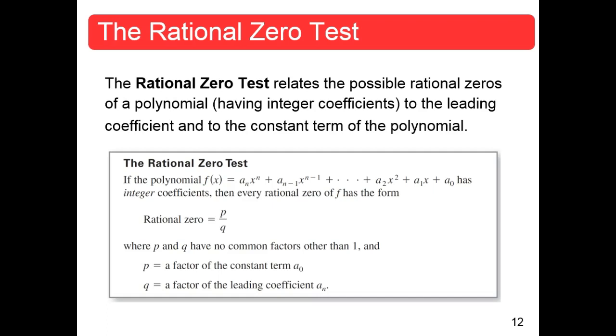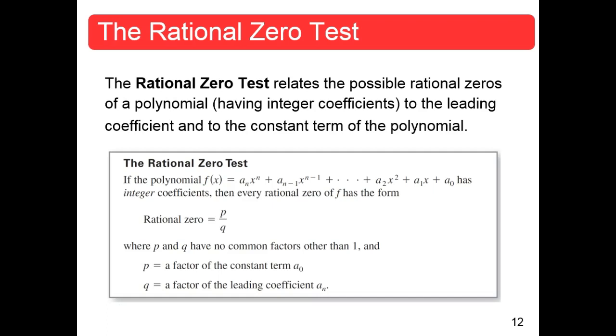Plus a sub n minus 1 times x to the n minus 1. See, these match. This is part of the exponent, this is part of the problem. This just says this is the coefficient that goes to the exponent. Then you count all the way down until you get to a sub 2, x squared, a sub 1, x to the first power, plus a sub 0 times x to the 0th power. X to the 0 is 1, so that's just a sub 0.